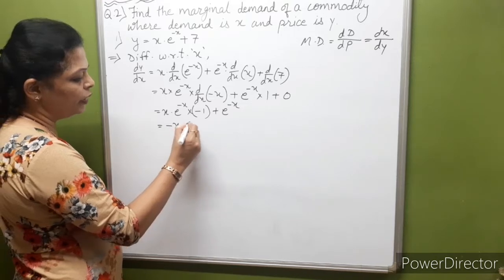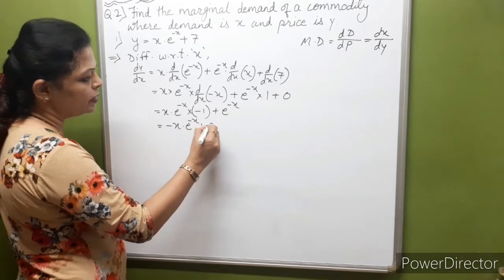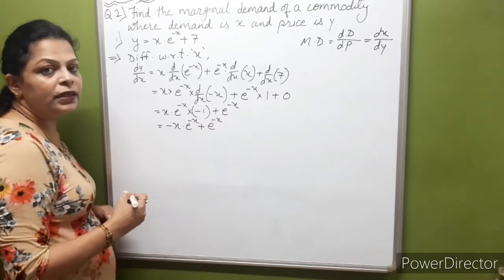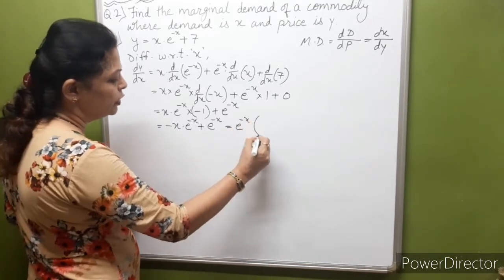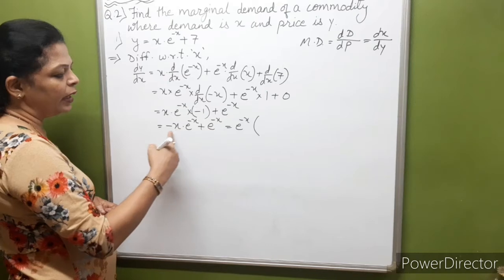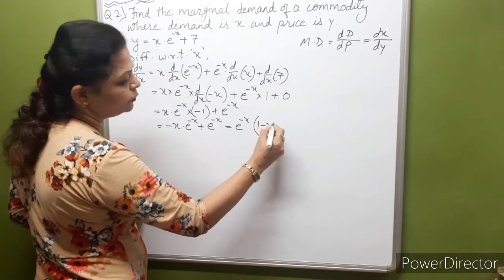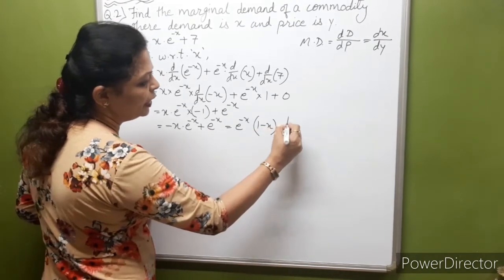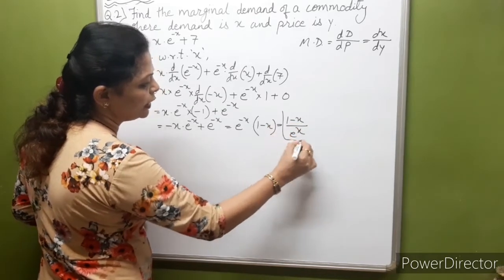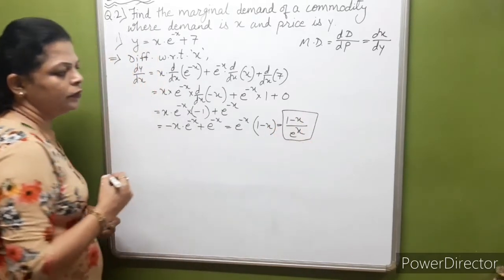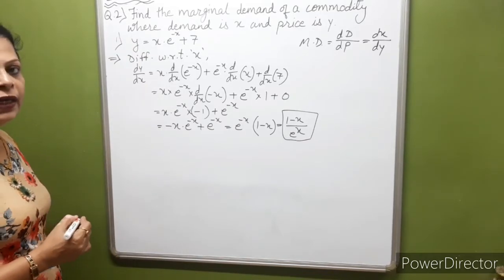Minus x into e raised to minus x plus e raised to minus x. Now let us take e raised to minus x common. So in the bracket you will get 1 minus x. So this can be written as 1 minus x upon e raised to x. This is your dy by dx.